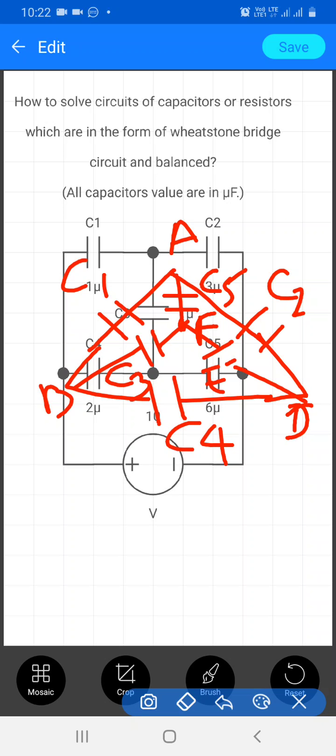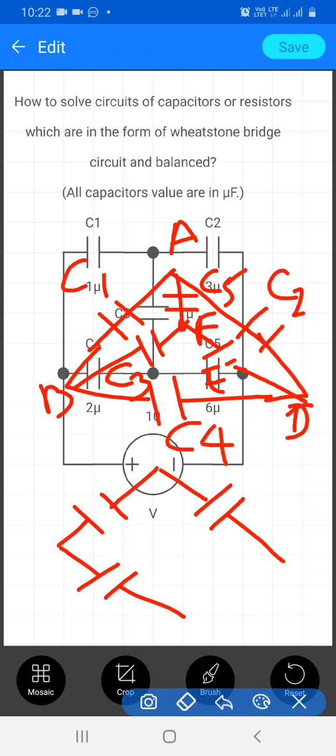So just draw Wheatstone bridge in the form of parallelogram, and your job will be easy.